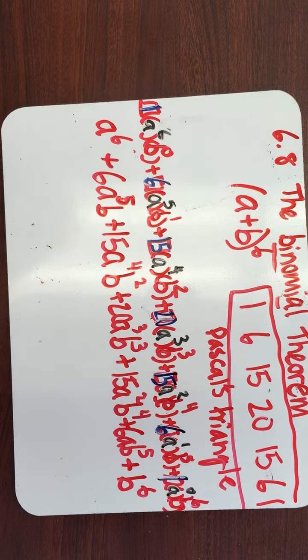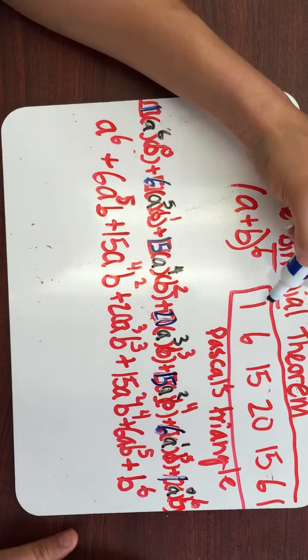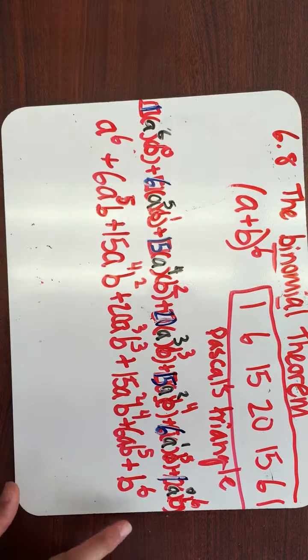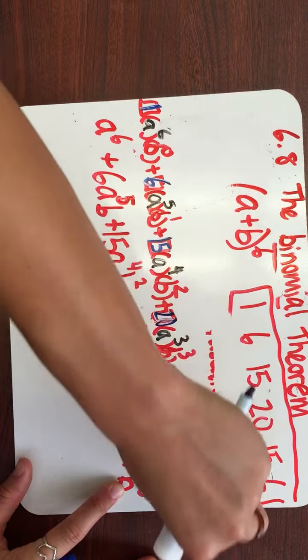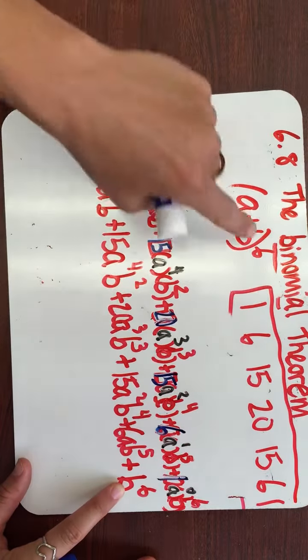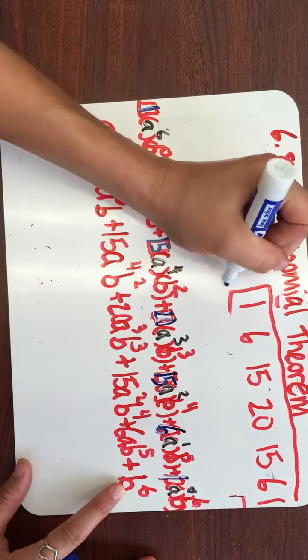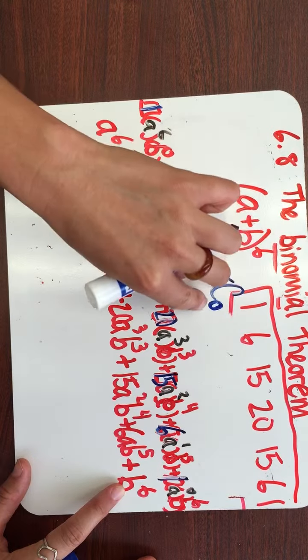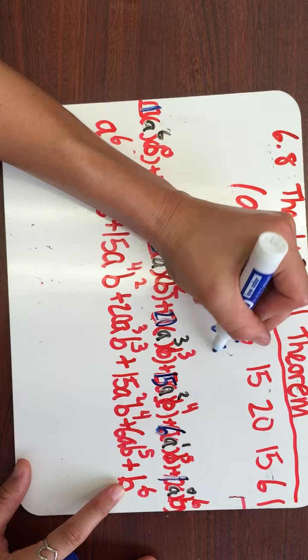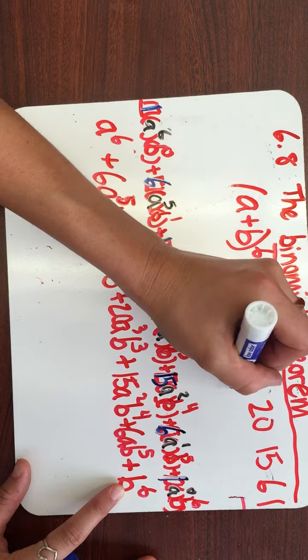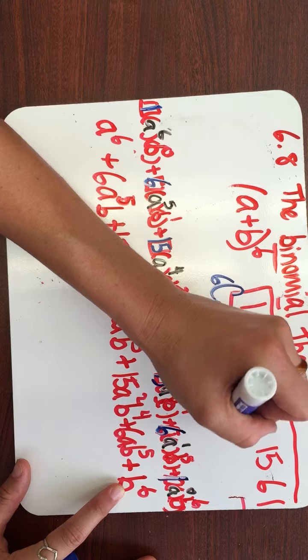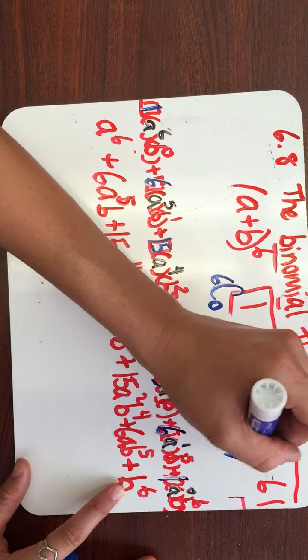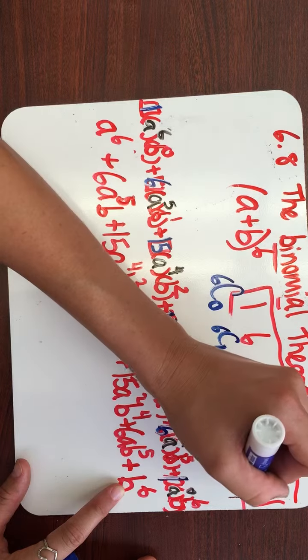So if we go a step further with this, we can also use combinations. When we're using Pascal's triangle, I can write this using combinations. The first number is whatever you're expanding it to, which in this case is the 6th power. So 6C, and then we always start with 0. 6C0 is a 1. 6C1 is 6. 6C2 is 15. 6C3 is 20. 6C4 is 15. 6C5 is 6.